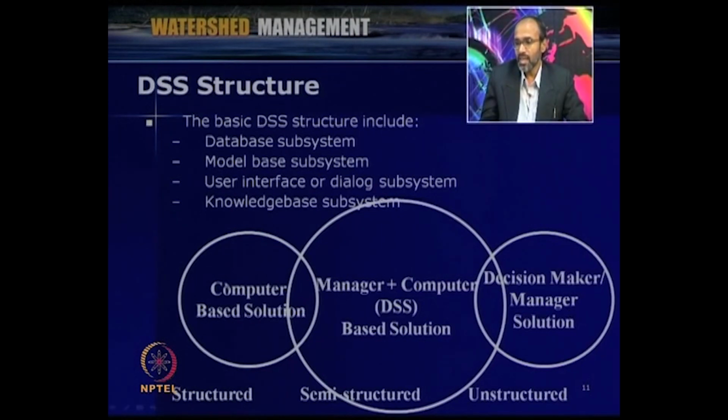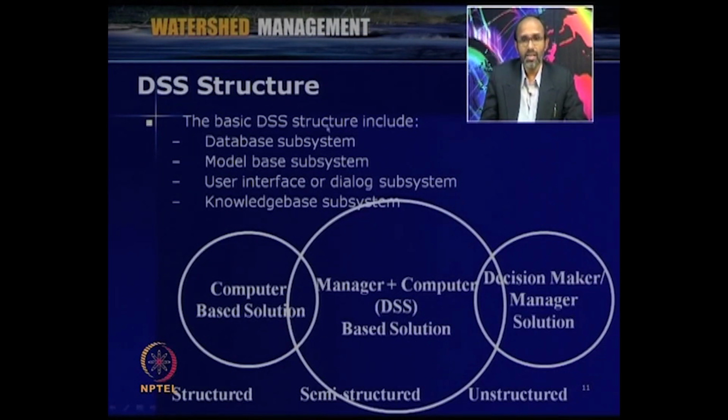And here there is a computer based solution, where the entire solution is through the computer model, so there is no role for the decision maker or manager. But generally, decision support system means a semi structured system, where the manager or decision maker and the computer come together and take the decision.